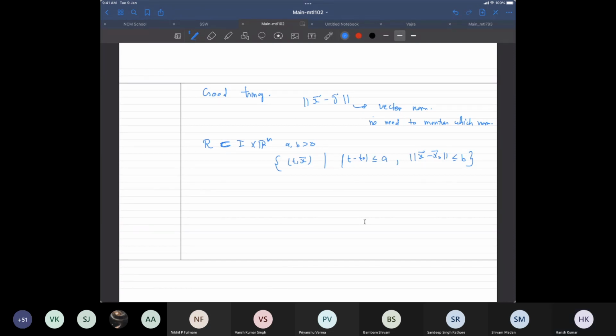Take a vector function f from I cross Rn to Rn; it is said to be Lipschitz continuous.